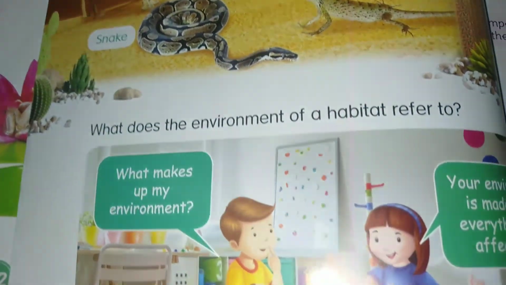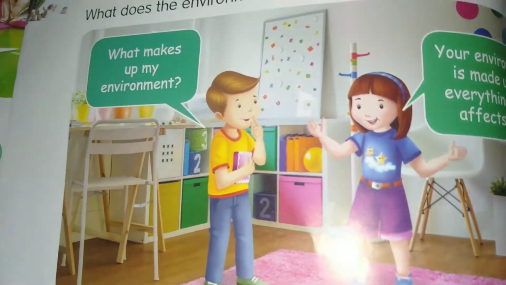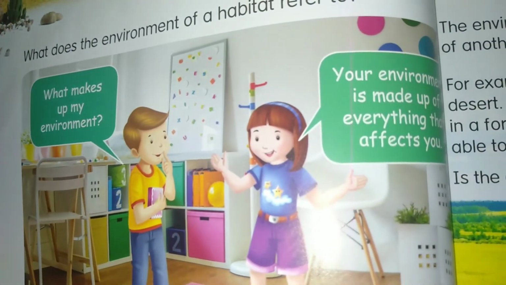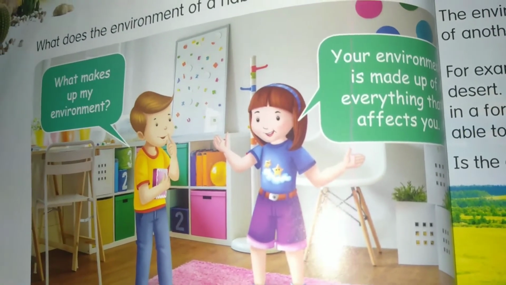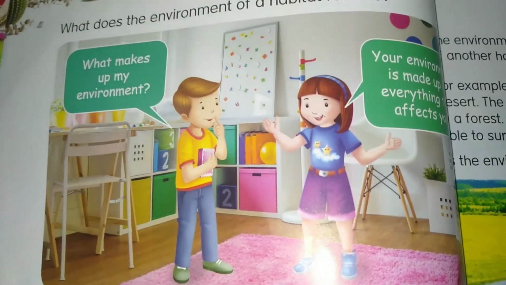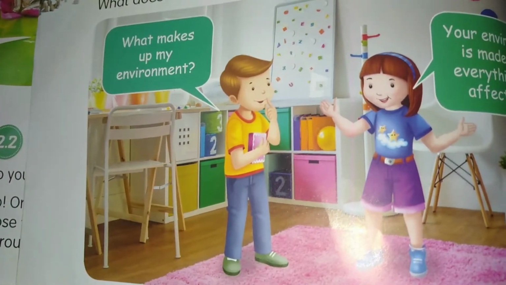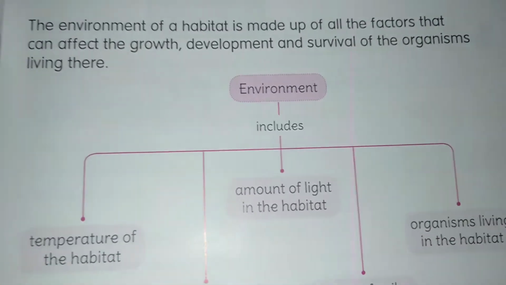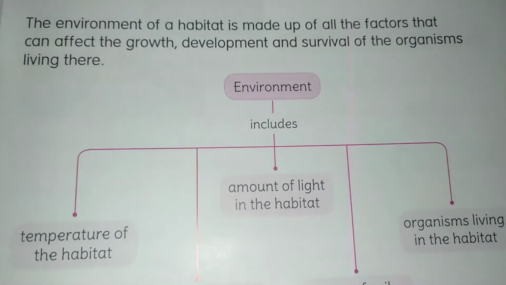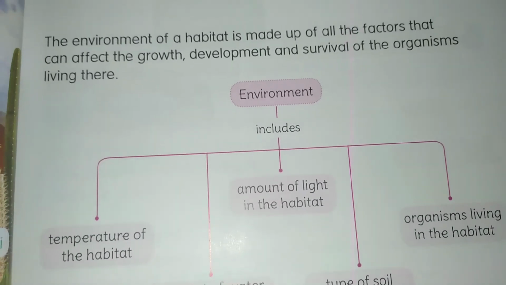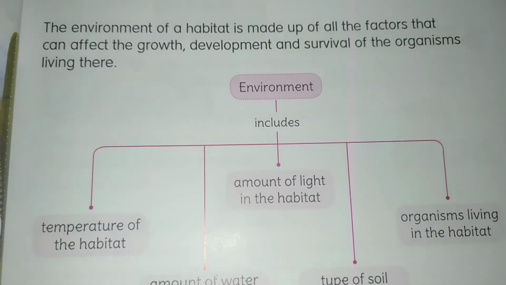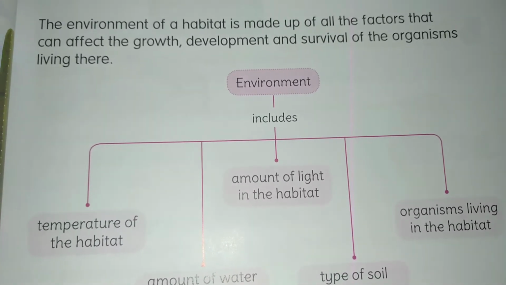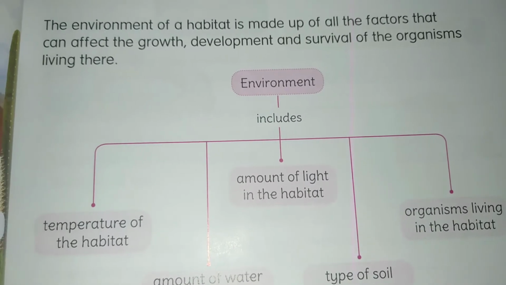Now we will see here in the conversation, what makes up my environment? Your environment is made of everything that affects you. They are talking together. So we will see here the environment on page 25. The environment of a habitat is made up of all the factors that can affect the growth, development, and survival of the organisms living there.